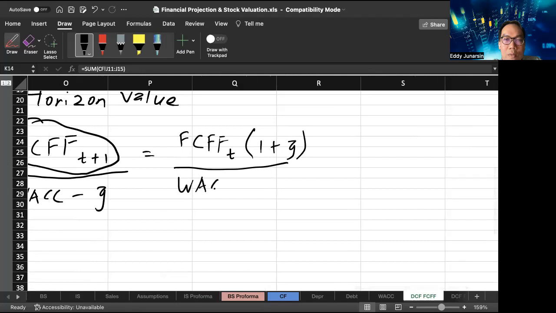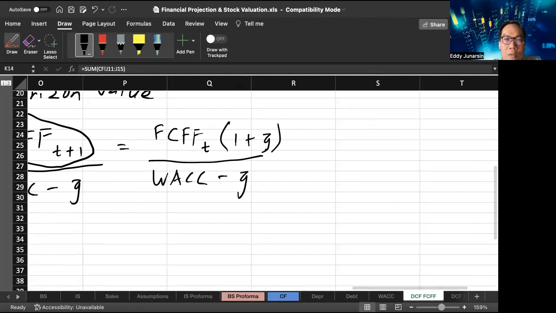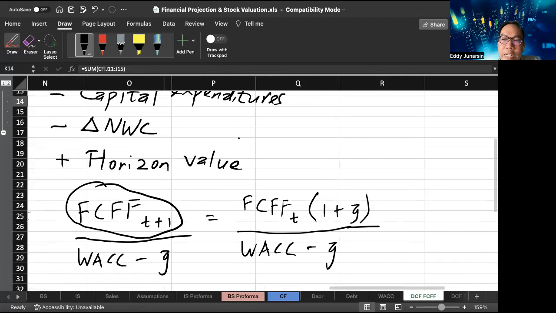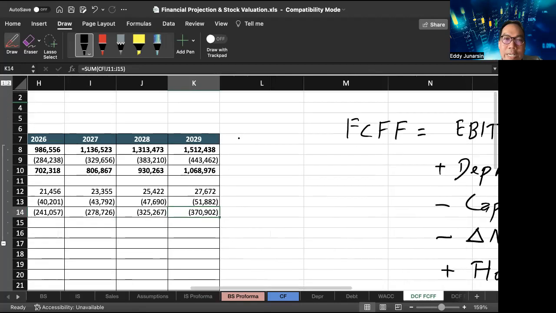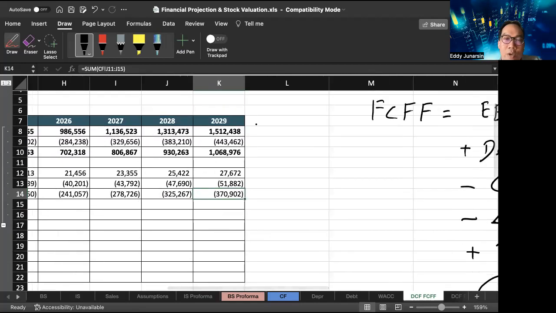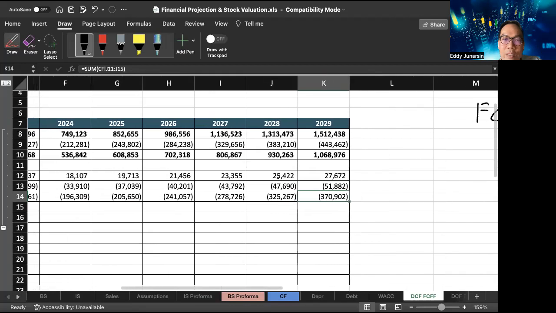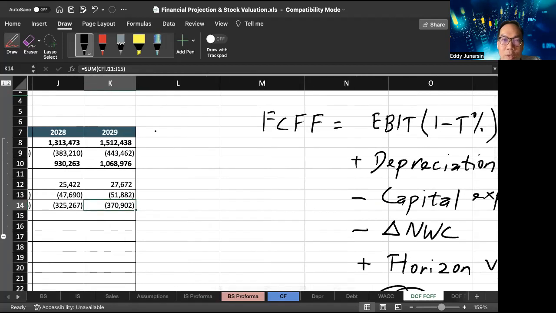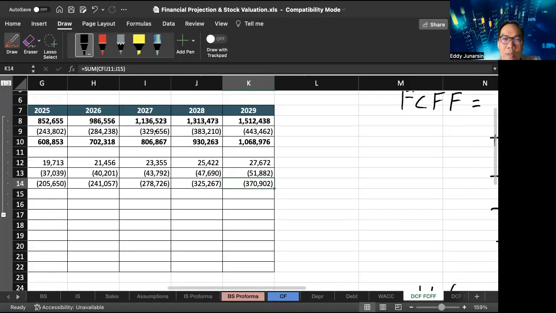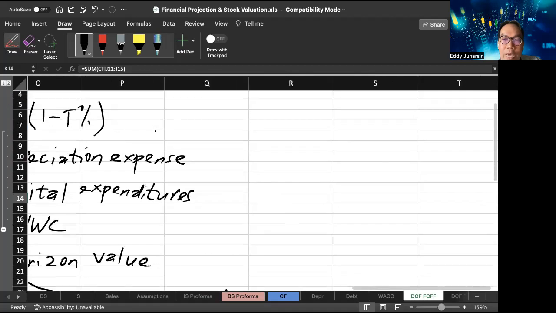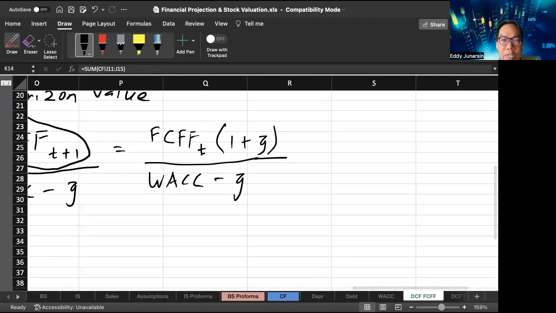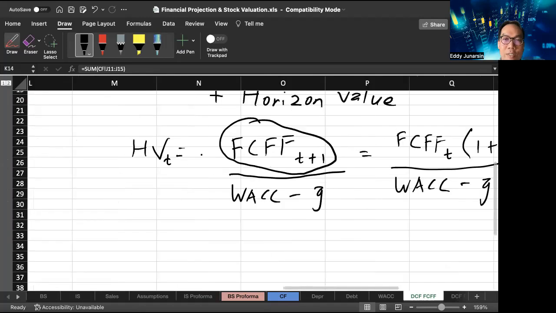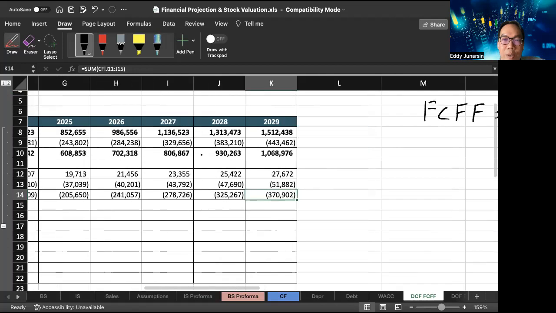Okay, so we could write it this way. It's not a clean estimation. Actually, a cleaner estimation would be if we have another year of estimate, and it will be much better if we have an estimate in 2030, and we estimate the cash flow for 2030, or 1 year after the period.